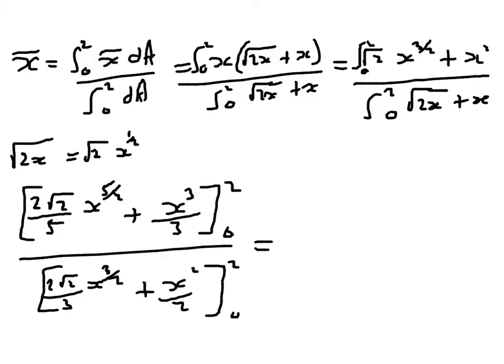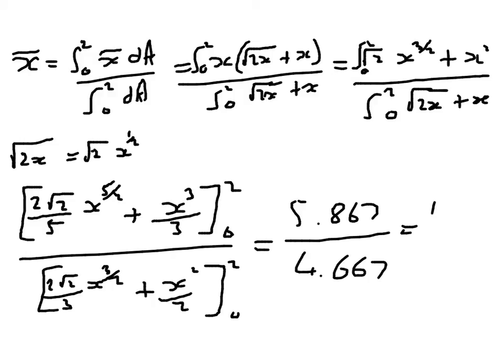If I substitute my 2 and my 0 in, I get 5.867 over 4.667, which equals 1.257 metres. So my x coordinate for my centroid position is 1.257 metres.